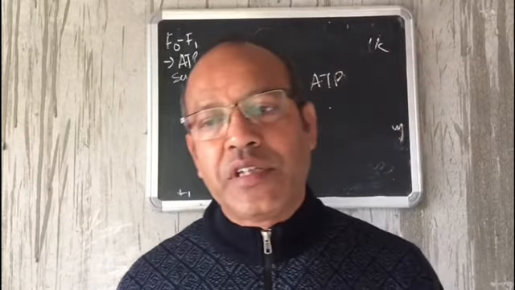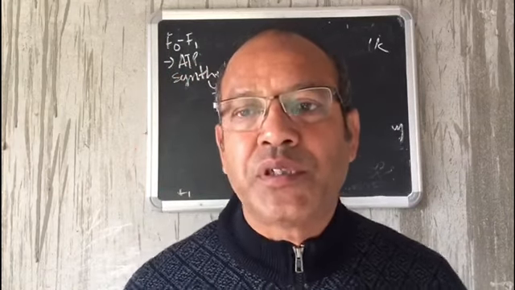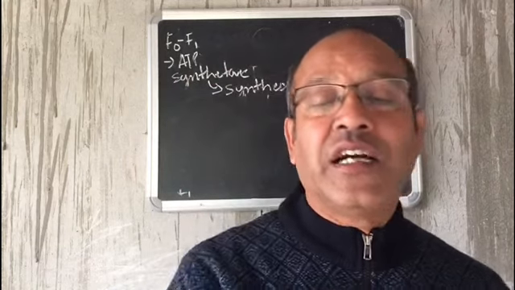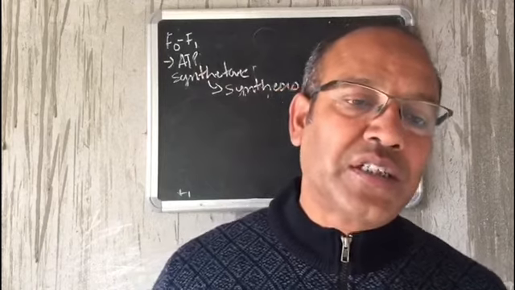As we have studied in the junior classes, mitochondria is the powerhouse of the cell. It produces ATP. So it is this enzyme present in the F0 and F1 particles that is responsible for the synthesis of ATP.